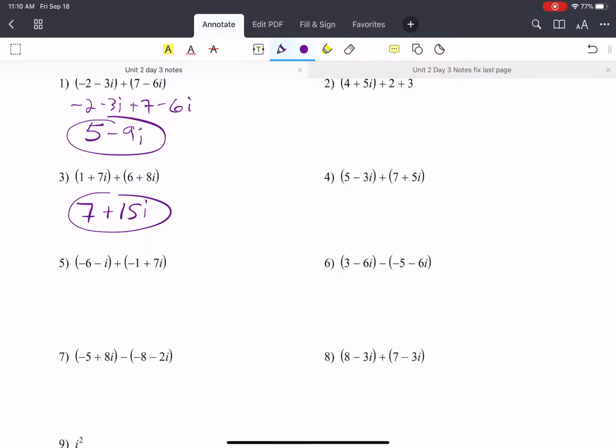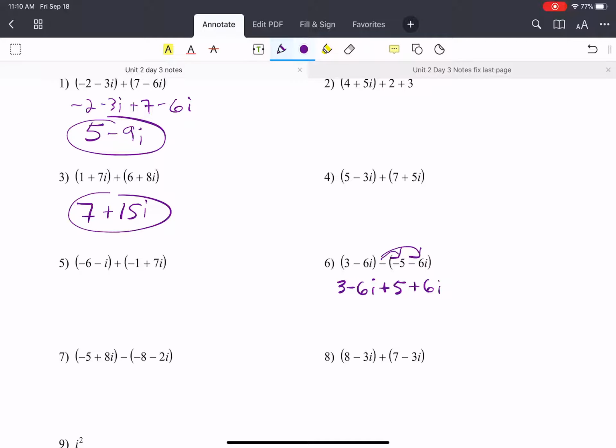No? Okay. The only difference with subtraction, let's look at number 6, is you have to make sure you distribute the negative to both pieces first. So 3 minus 6i plus 5 plus 6i. Right?